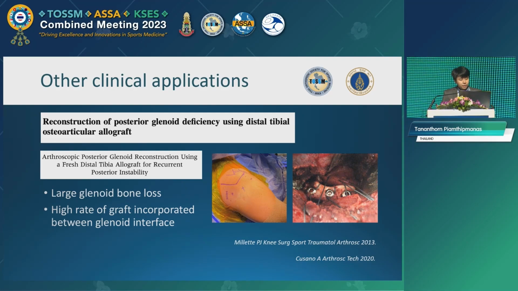After that, from the anterior part, distal tibial allograft is also used in posterior glenoid deficiency. There are many publications about its use in this, and also reports of good graft incorporation between the glenoid interface and the graft.